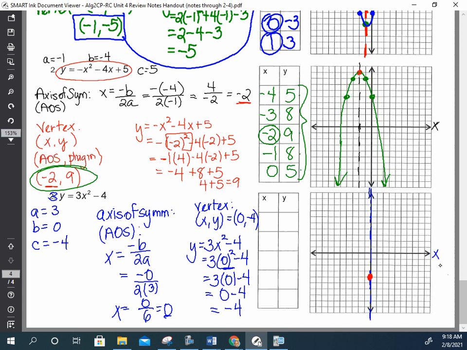So remember, the vertex goes in the middle of the table. To get the rest of the table, we're going to use our graphing calculator. So again, I will put it in the chat again. Those of you who do not have a graphing calculator, I strongly suggest you download the app and put it onto your Chromebook.